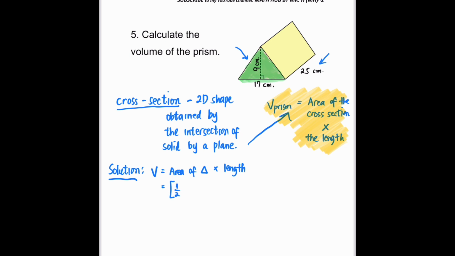1/2 times the base, which is 17 centimeters, times the height, which is 9 centimeters, times the length. The length is 25 centimeters.